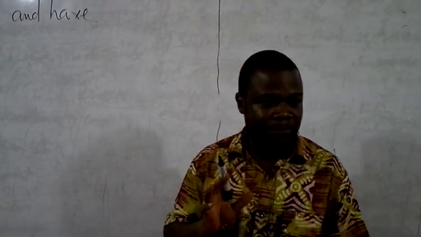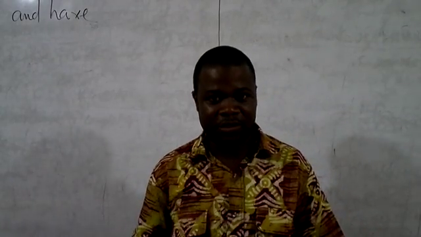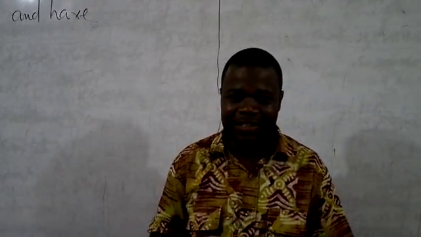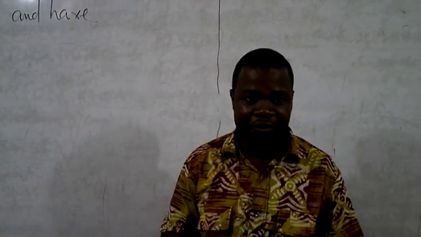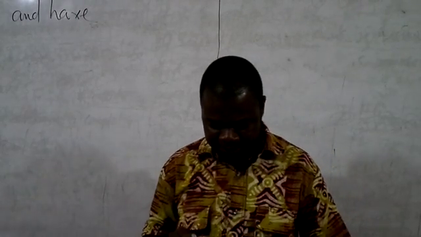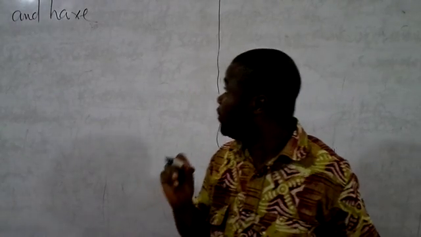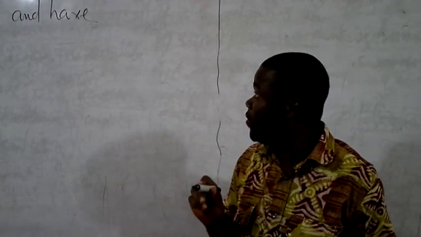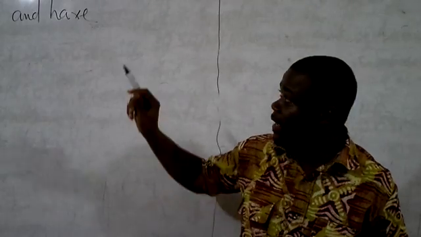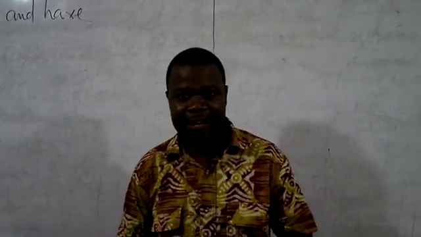The present perfect tense is used to show an action that has just taken place or an action that is already done. Now, like I was saying, the tense is followed by the past participle form of the verb, and the has and the have are not used anyhow.